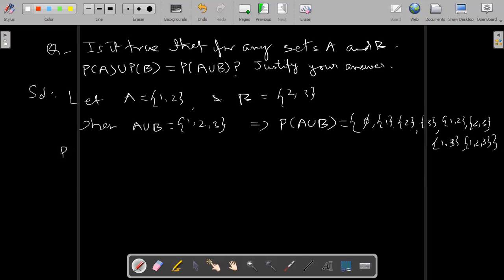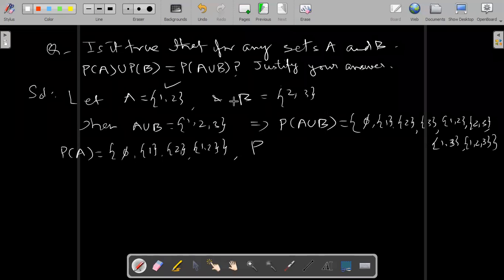Now you can write the power set of A. Power set of A is null set, this set A: 1, 2, and 1, 2.